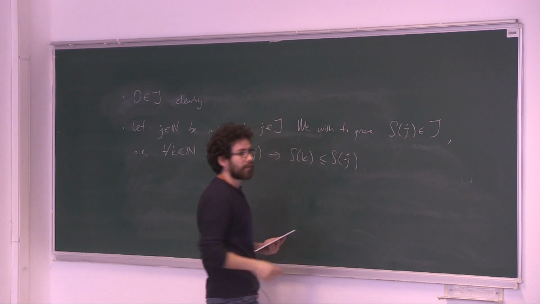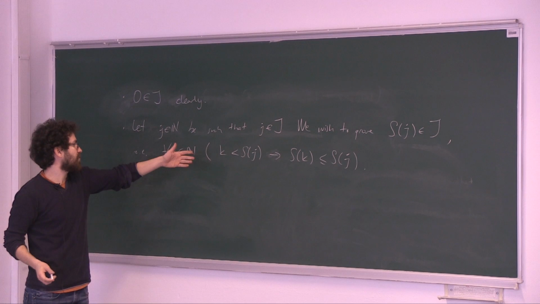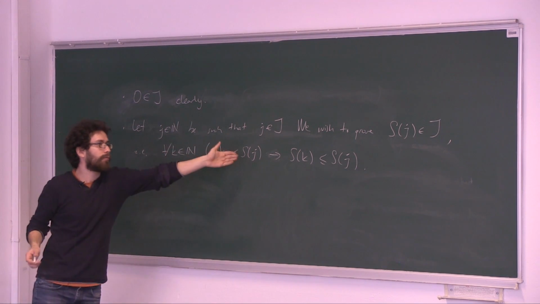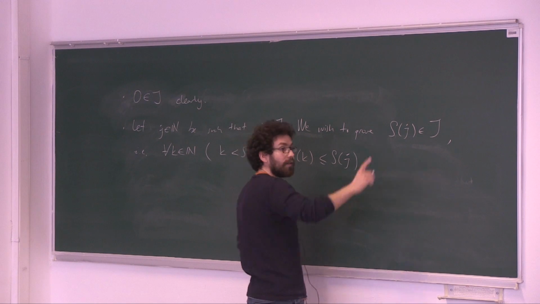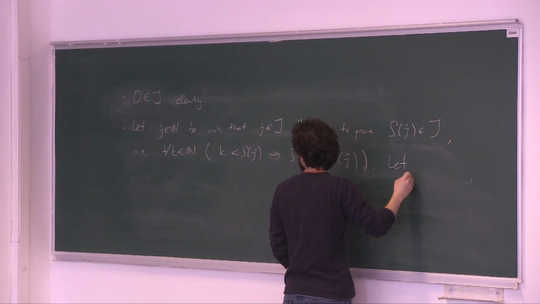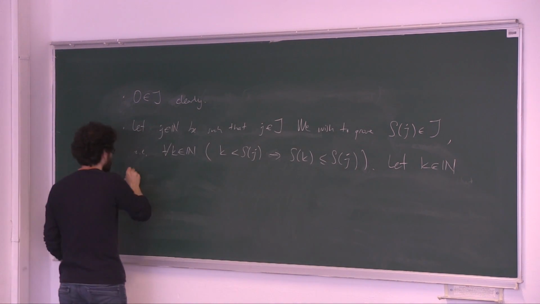We want to prove this. How do you prove a universal statement, which is of the form for all something blah blah happens? You take such a guy and you try to prove the rest. Any questions? No.